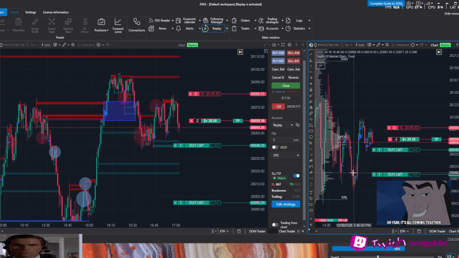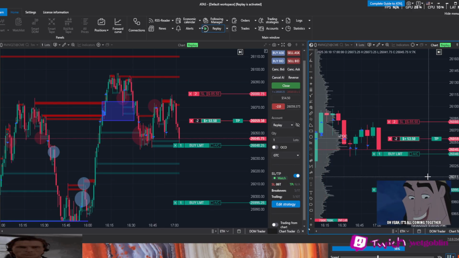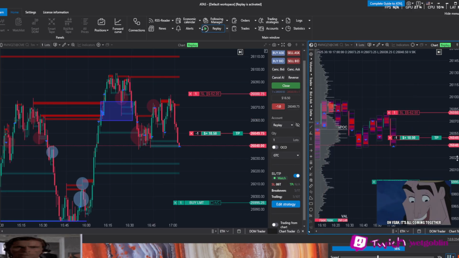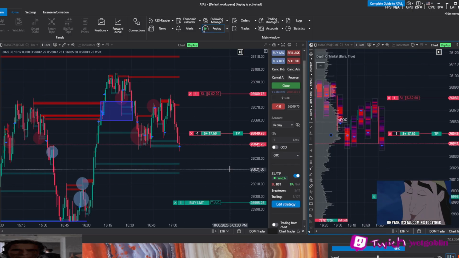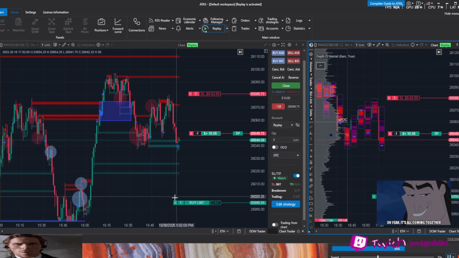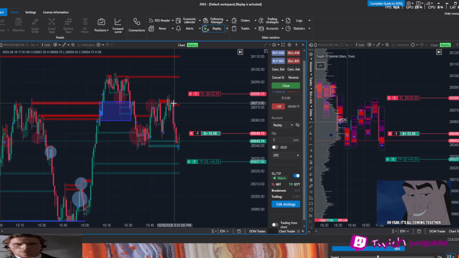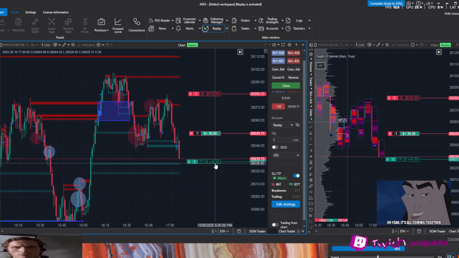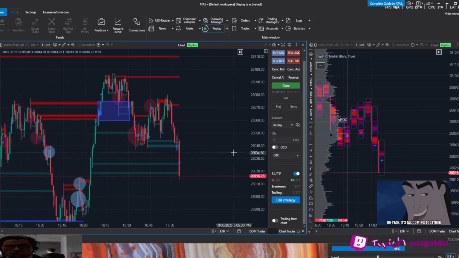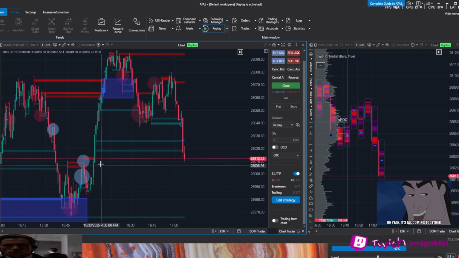I mean, obviously I'm in a short, but seeing it bounce out of here with that movement would be reassuring, I think. Yeah, now we're popping back down.